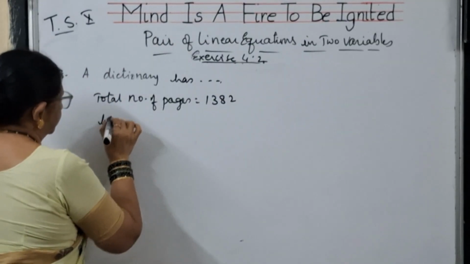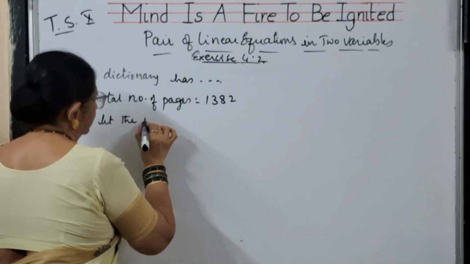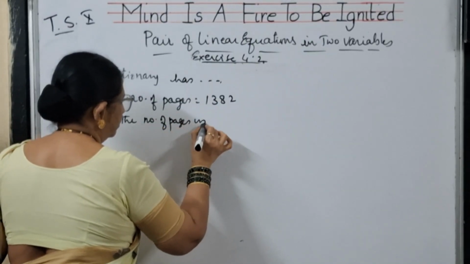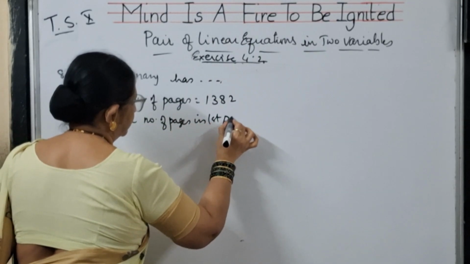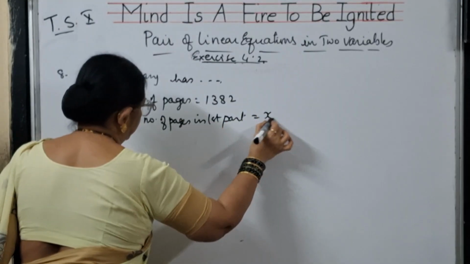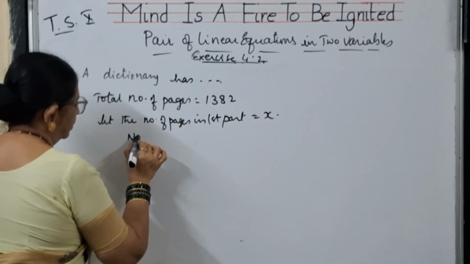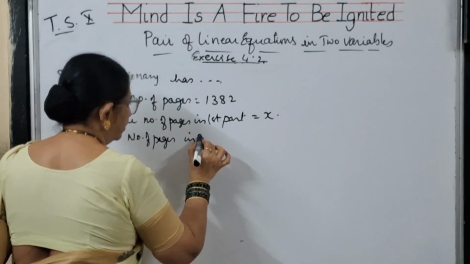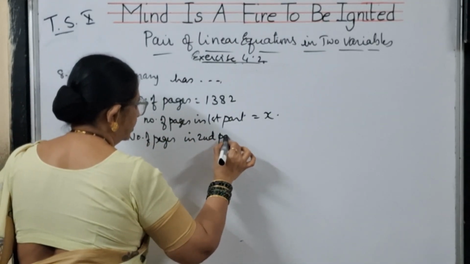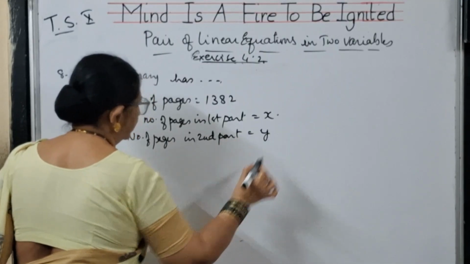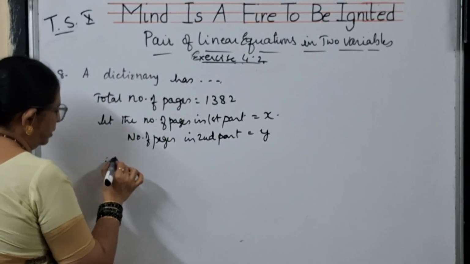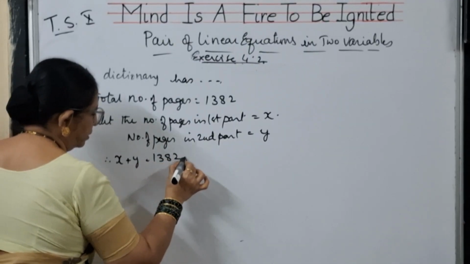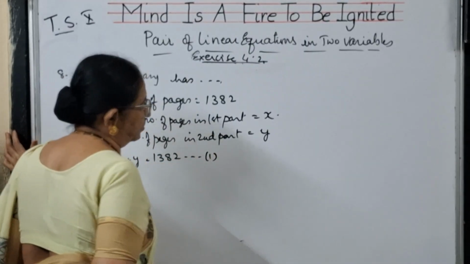So, let the number of pages in first part be x and number of pages in second part be y. So what we will be getting? X plus y is equal to 1382. This is the first equation.